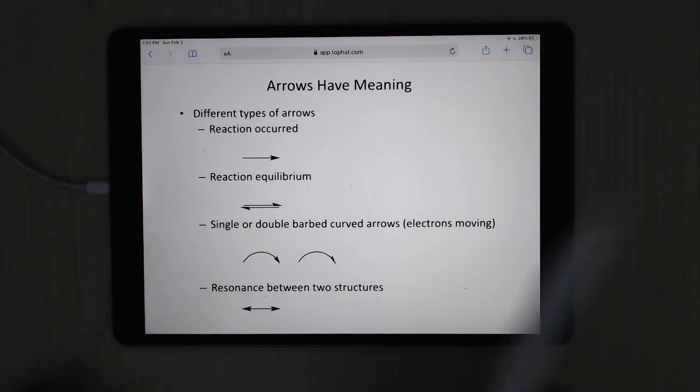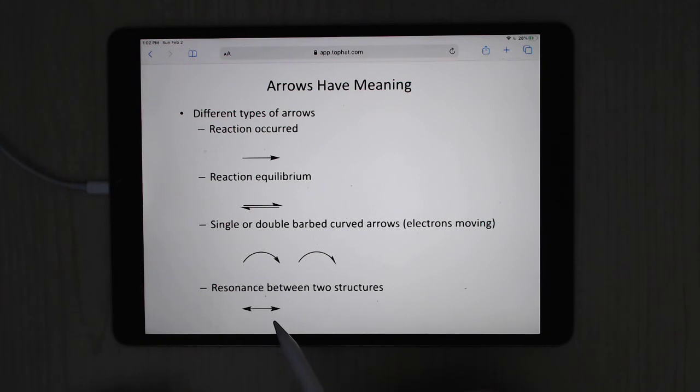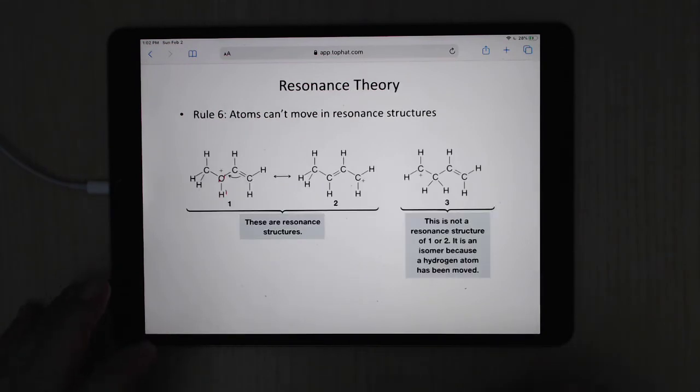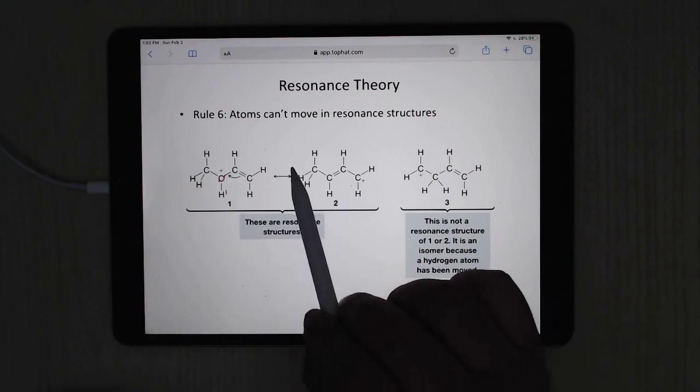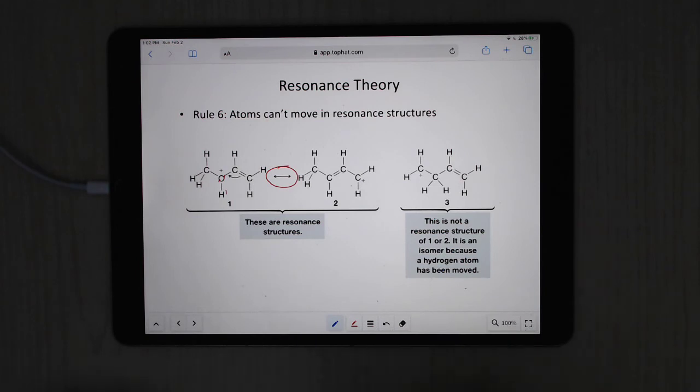It's reaction going forward, reaction going back. If you want to describe going between 2 resonance structures, now you have a double-headed arrow. It's a single line with 2 arrowheads on either side. You can see that here, right? Between these 2, there's that double-headed arrow. That means we're flipping between 2 possible resonance structures.